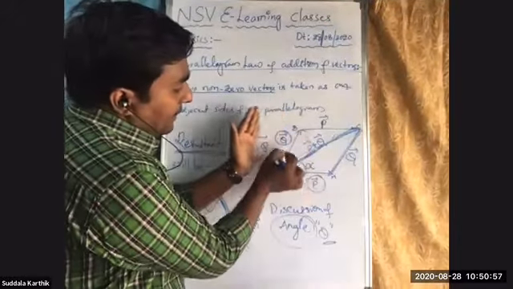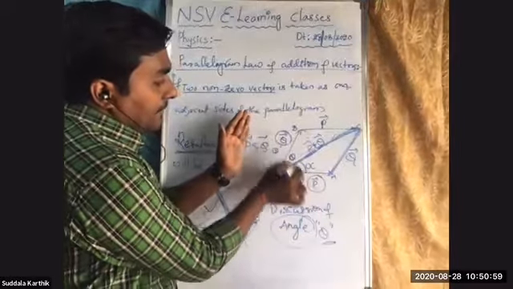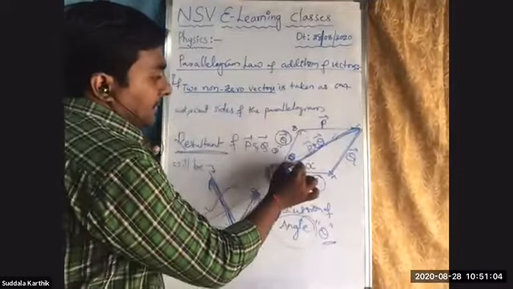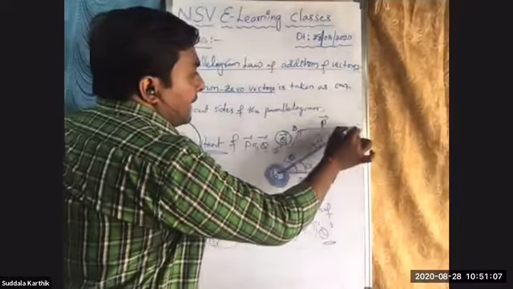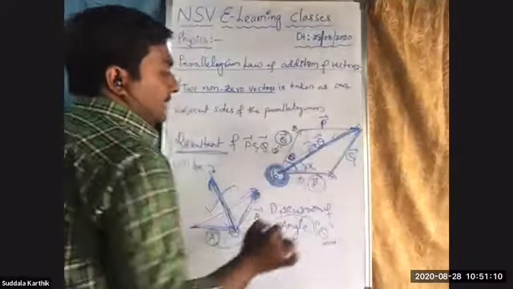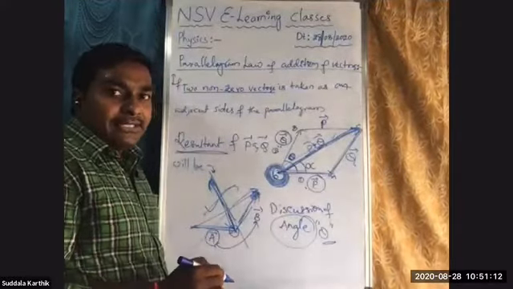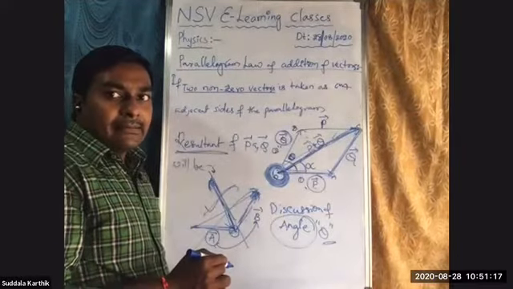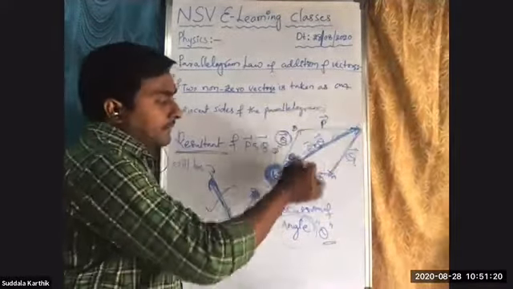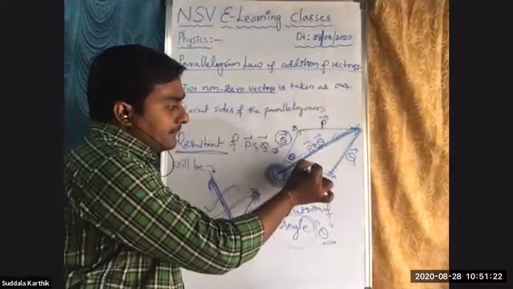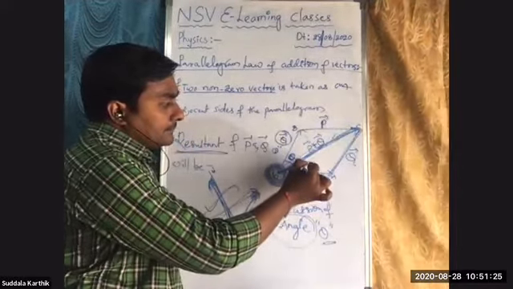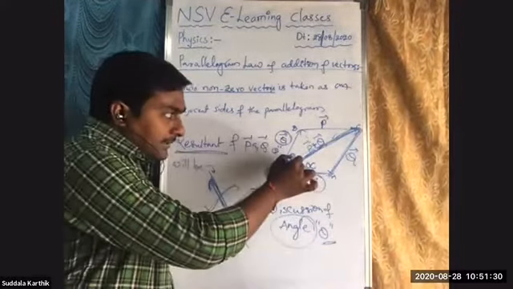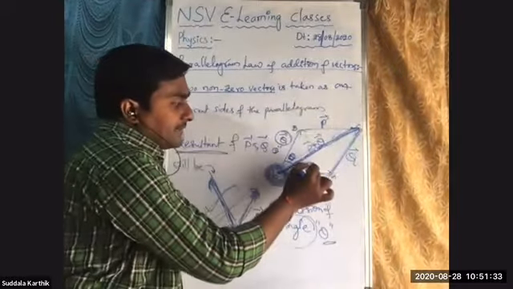The angle between P bar and Q bar, the first vector and second vector, is theta. Then the angle made by the resultant vector OC with the first vector is alpha.